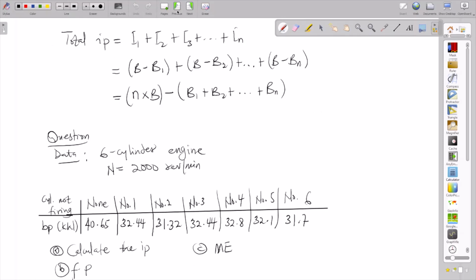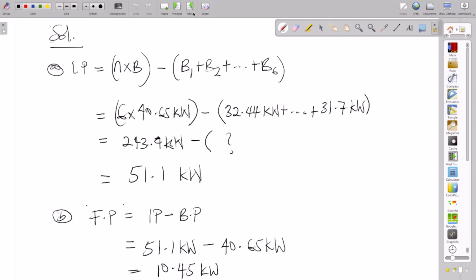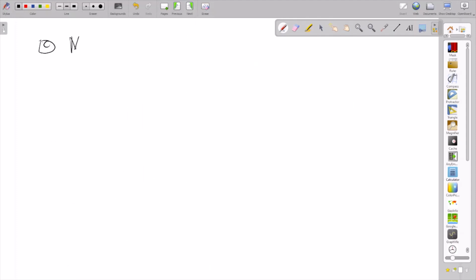Now we've also been asked to calculate the mechanical efficiency. For mechanical efficiency, we want to see the power that is being output, which is basically the brake power, over the indicated power, multiplied by 100 to convert it into percentage.